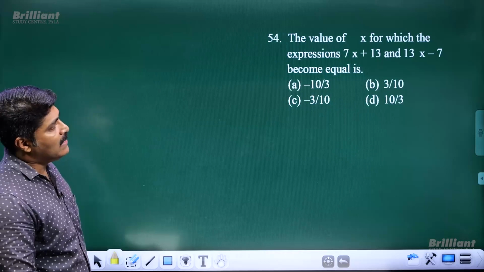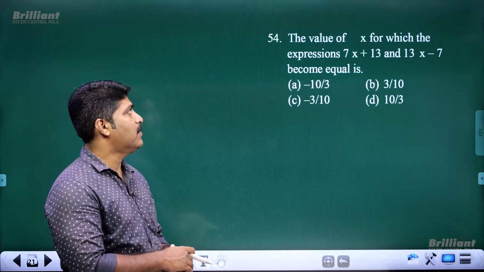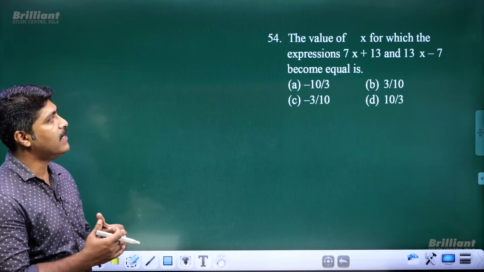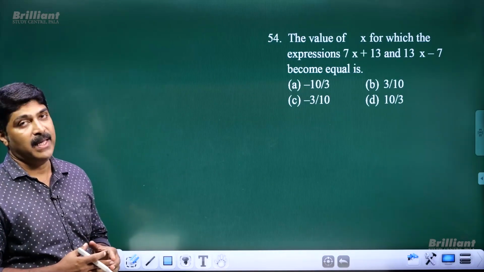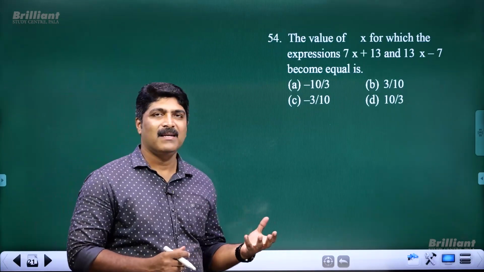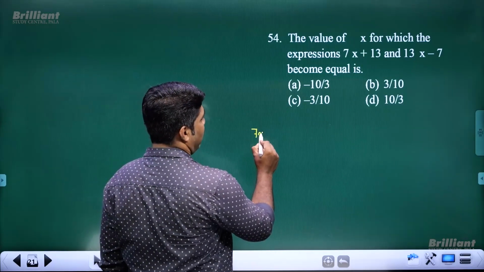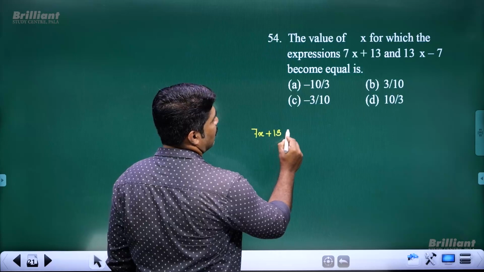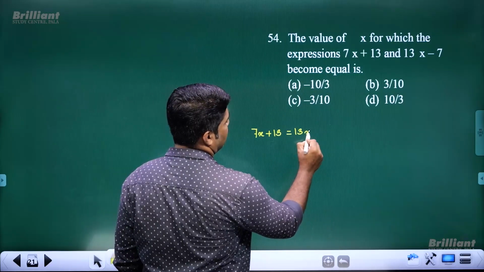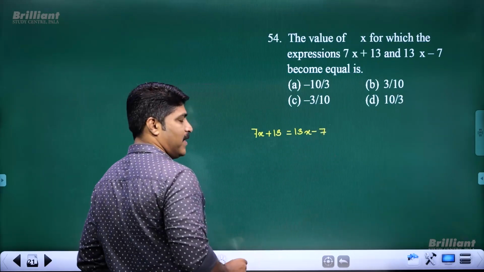The value of x for which the expressions 7x plus 13 and 13x minus 7 become equal. That's a simple, direct, algebraic type of question. Here, 7x plus 13 is equal to 13x minus 7.